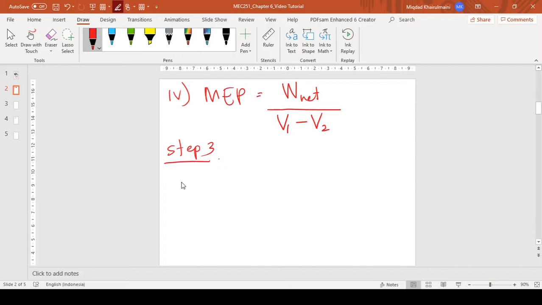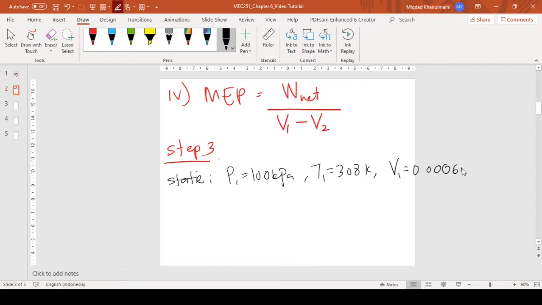So we start with state 1. At state 1, we know the pressure, 100 kilopascal, the temperature, 308 Kelvin, and the volume. From the equation just now, we have to find the value for mass. So at state 1, using the ideal gas equation, P1 V1 equals mRT1, we can calculate the mass.